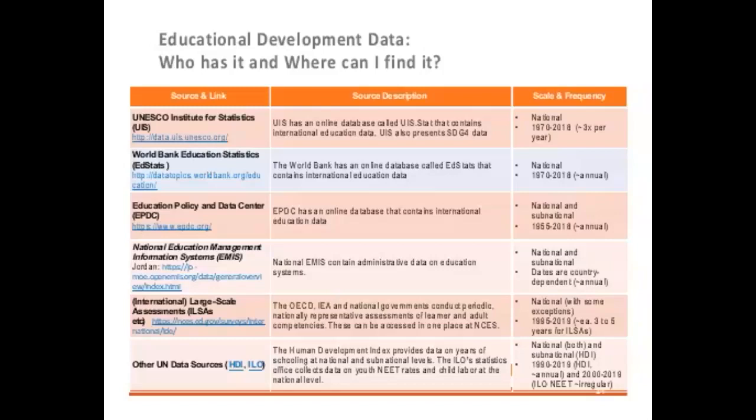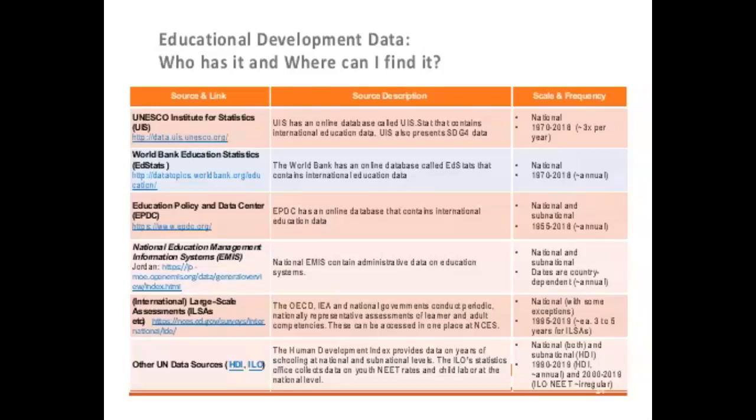EdStats is the World Bank database for international education data, and the data here is mostly pulled from other sources and is updated annually. EPDC, or the Education Policy and Data Center, is an online database that aggregates multiple sources of international data, and it provides data on the national and also the subnational levels.